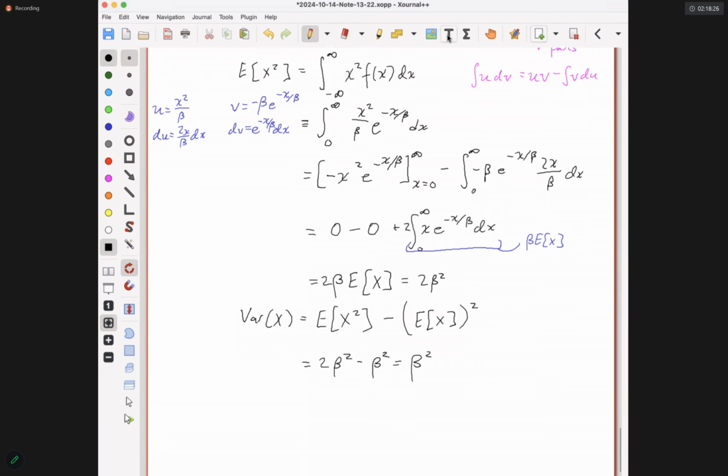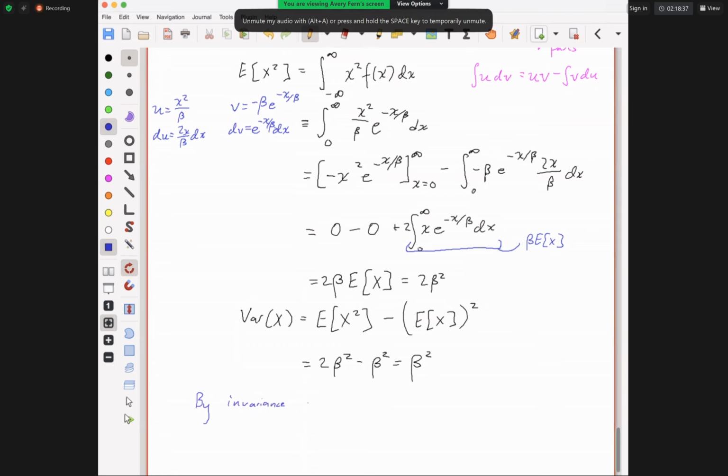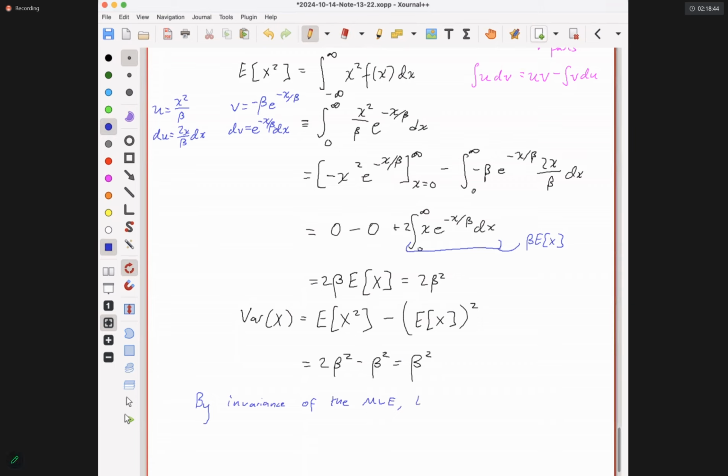So we can say that by the invariance of the MLE, for the variance of x, and I'll write it as g of beta, is g of beta hat, which is just beta hat squared.